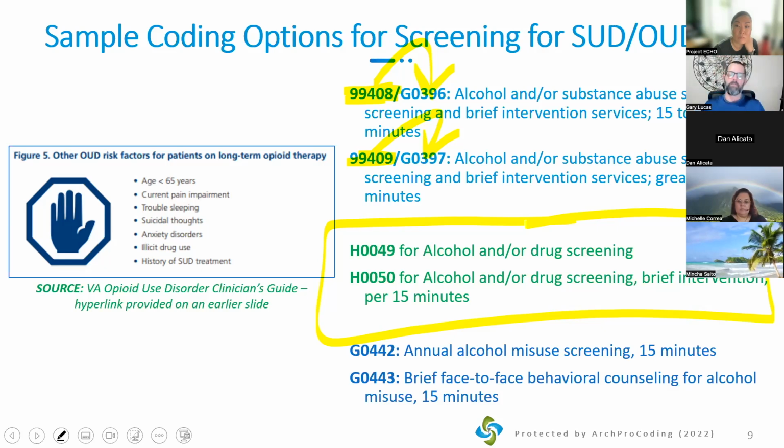You'll have to check with your Medicaid carrier to see which they may want to reimburse and on what periodic basis, and by the way, for which types of providers. If you're an RHC or an FQHC, your authorized providers are MDs, PAs, nurse practitioners, clinical psychologists, clinical social workers, but you may have other members of your clinical team doing various parts of these services, and only certain providers might be authorized to report certain codes.